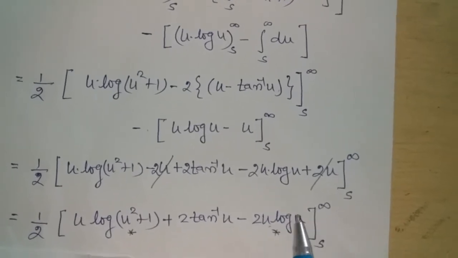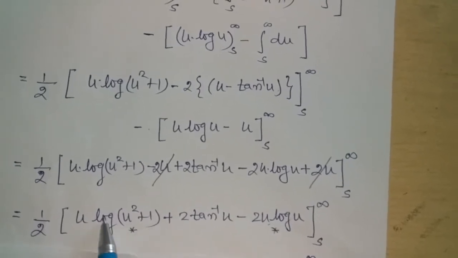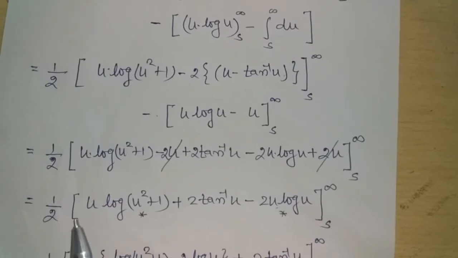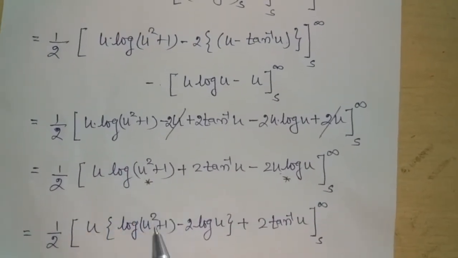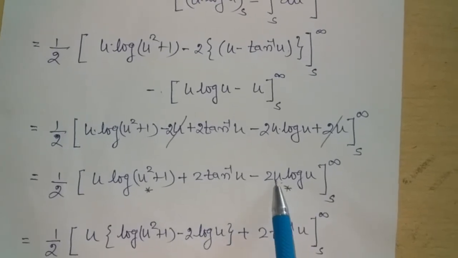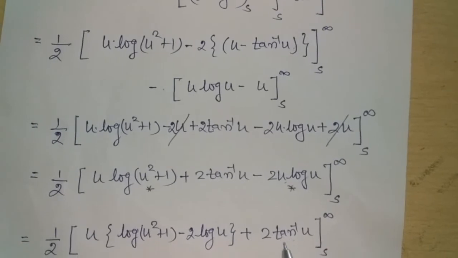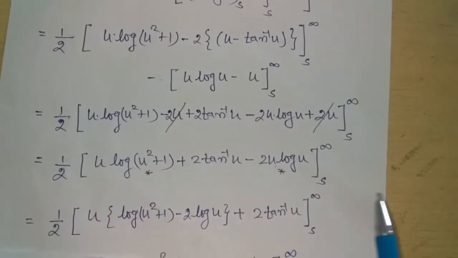s to infinity. Now from these two terms we take u common, so we have 1/2 [u (log(u² + 1) minus 2 log u) + 2 tan⁻¹u], the limit of integration.